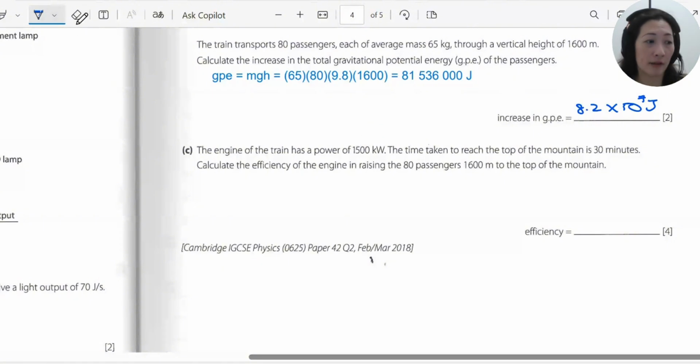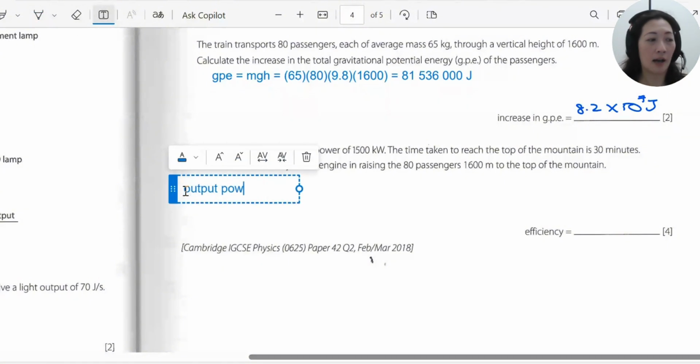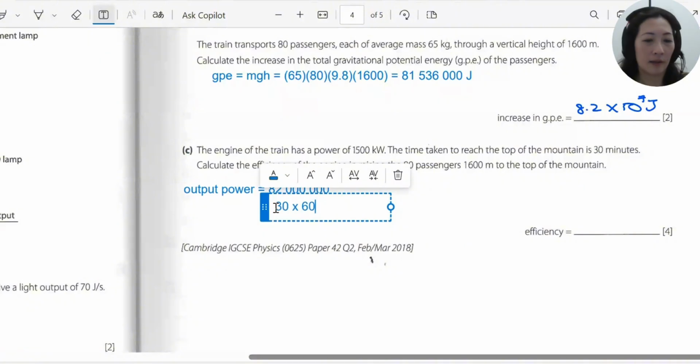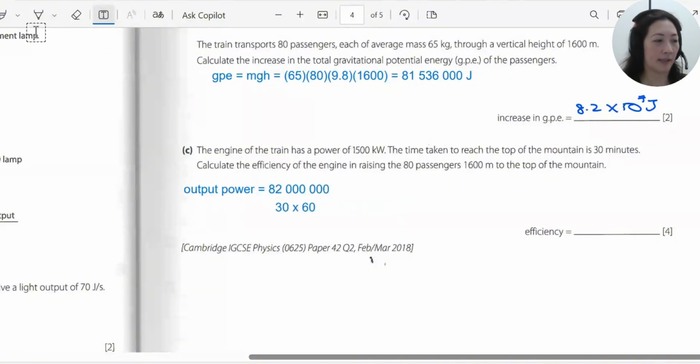The input is 1,500 kilowatts. So what I'm going to do now is calculate the output power, which is basically 8.2 times 10 to the power of 7, so 82,000,000, and we're going to divide this by 30 minutes times 60 seconds.